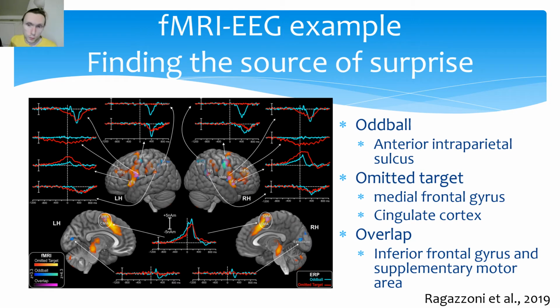So it was quite surprising to see that those are related to different areas in the brain, or at least to unique areas, because there is also some overlap, the inferior frontal gyrus and the supplementary motor area. And that is of course what was mostly expected.